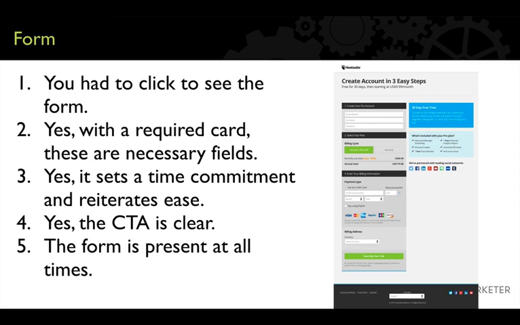All right. It sets time commitments. It says create an account in 3 easy steps, and all 3 steps are on the page. So it isn't going to be a long, drawn-out process, and people will know that they can get this done quickly. The CTA is clear. It's where you'd expect it to be after you fill in the credit card information, and the form is present at all times.